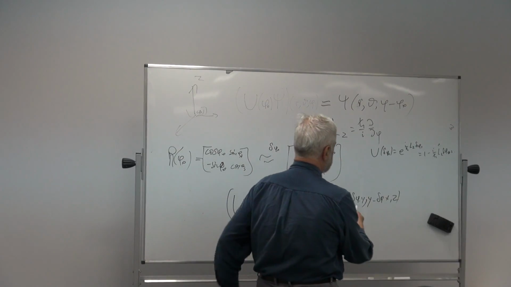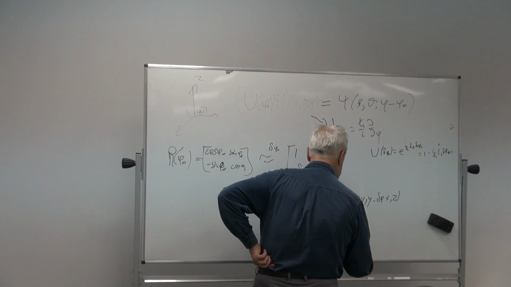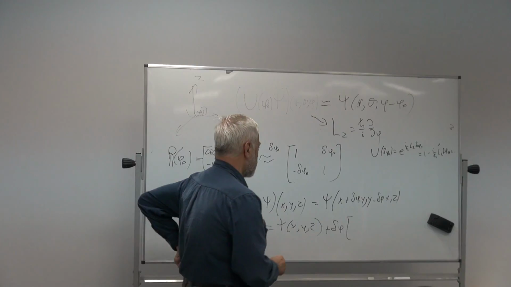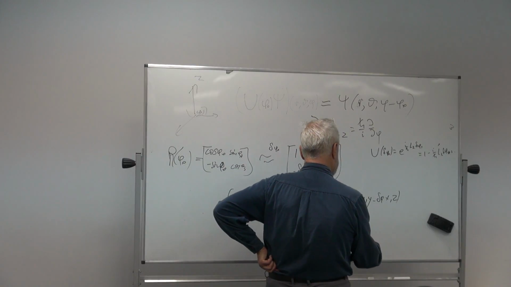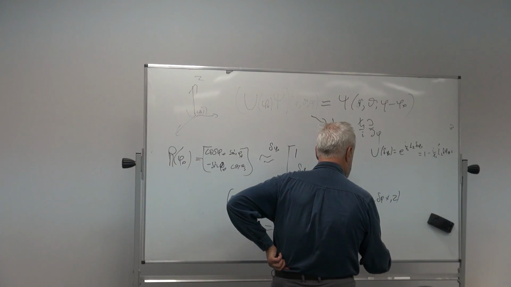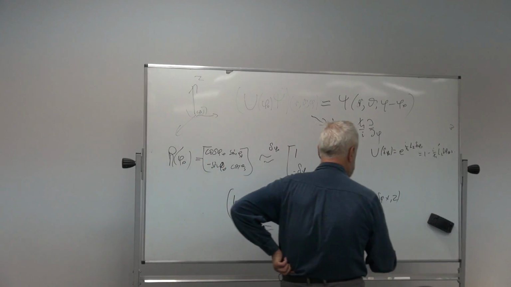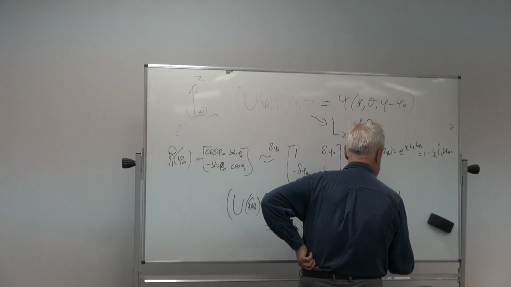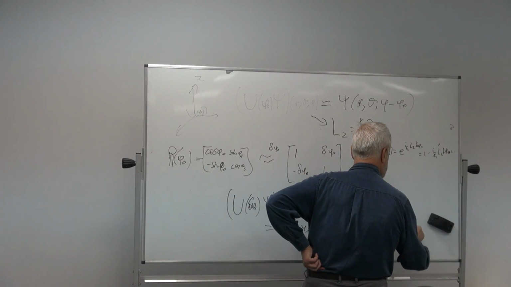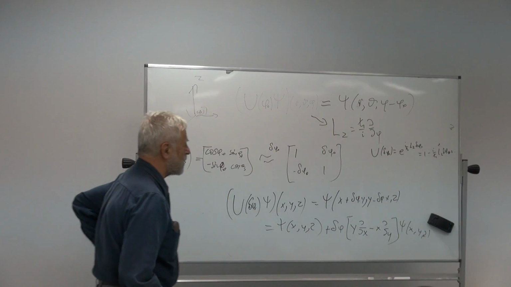And then the next correction is plus delta phi times x d by dy minus y d by dx, acting on psi of x, y, and z. Plus, of course, terms of higher order.